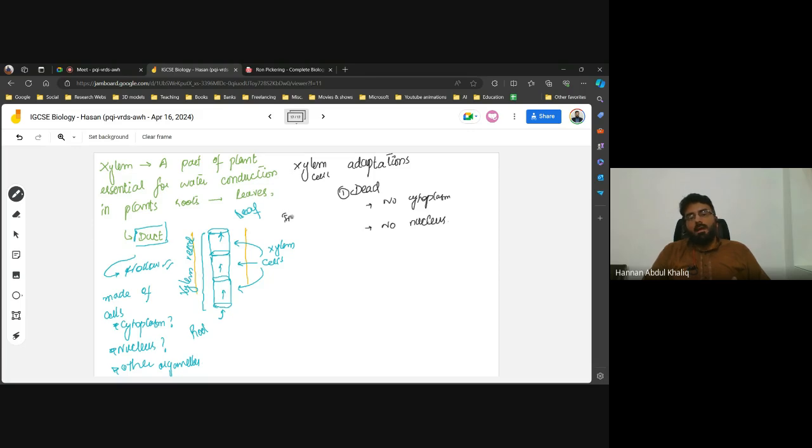Remember that any immature xylem cell would have cytoplasm. But since it is getting specialized now, they are dead. There would be no cytoplasm inside, no nucleus. So it means they are hollow now.